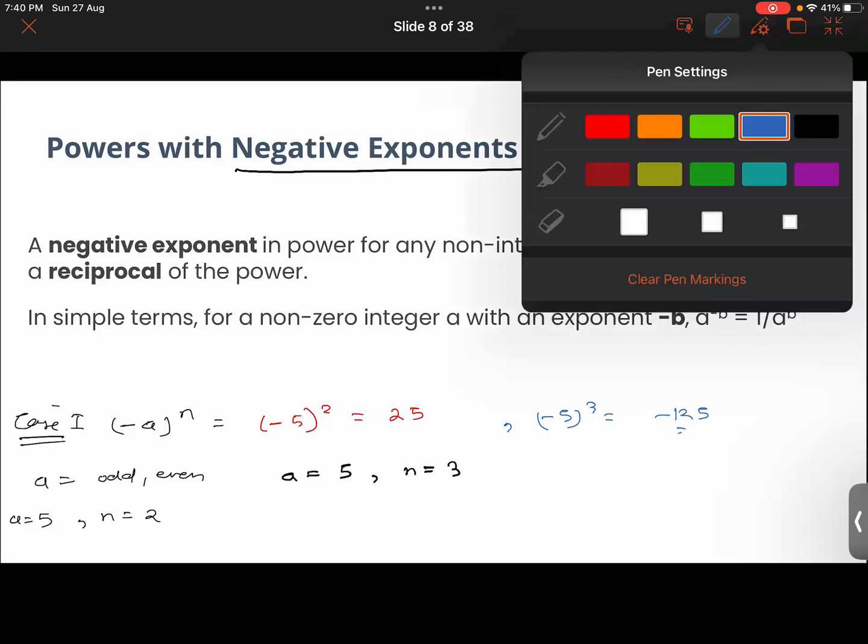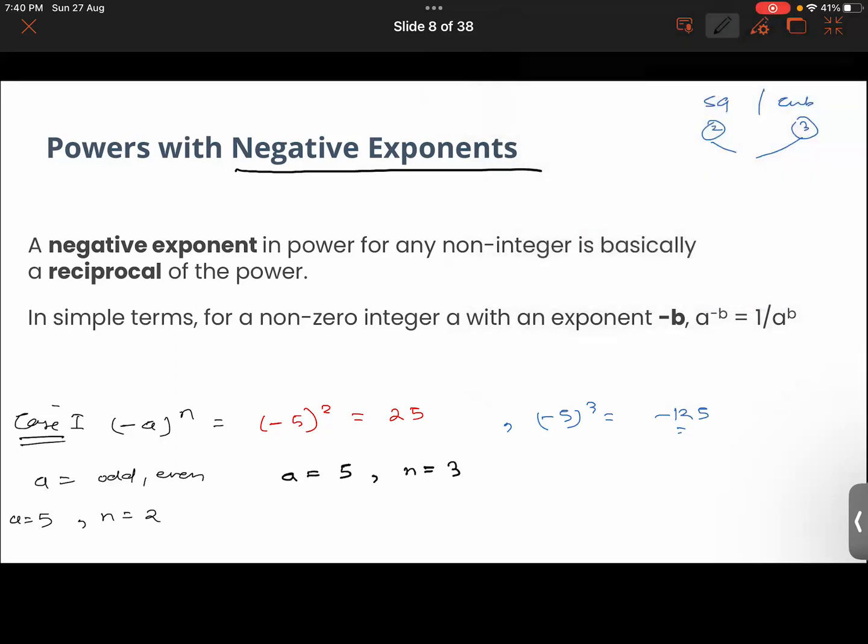So what do we conclude from here? That if the value of n is even, we are getting a positive number, right? Or if you were placing an odd number, then we were getting a negative number.